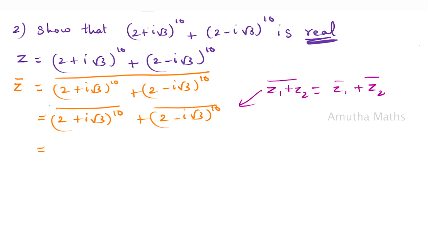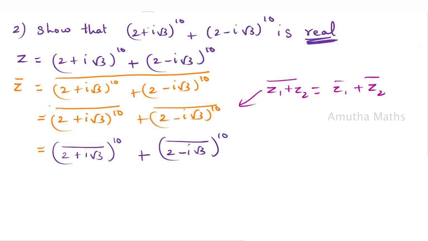Now 2 plus I root 3 the whole bar the whole power 10 plus 2 minus I root 3 the whole bar the whole power 10. We know that Z power n the whole bar is equal to Z bar the whole power n.